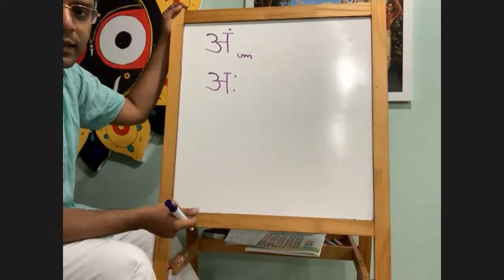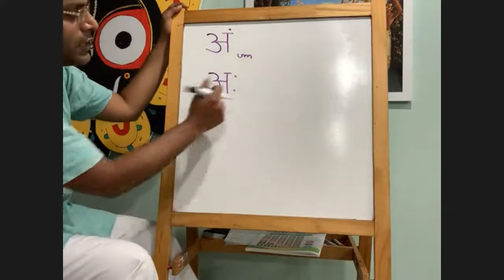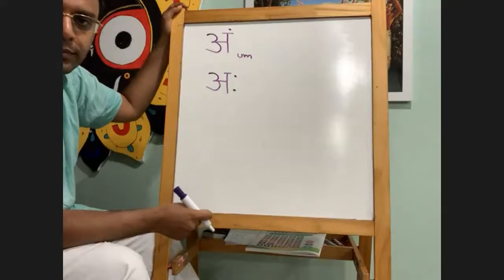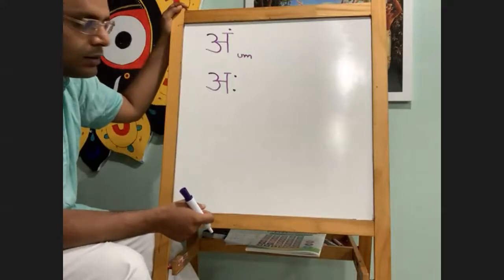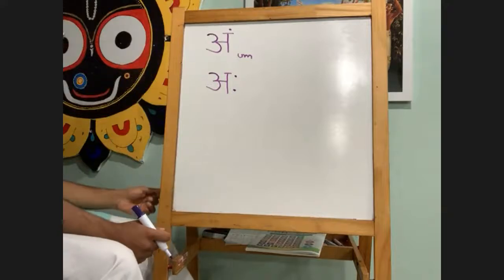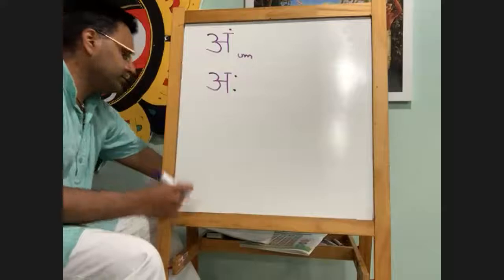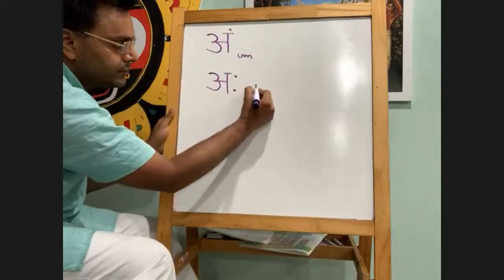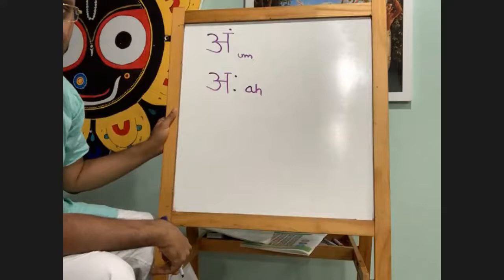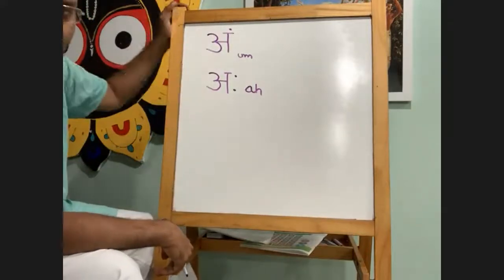So in Sanskrit, basically, at the end of many words, these two dots you will see written as a sound, like in Krishna. Okay, so these are the long vowels.